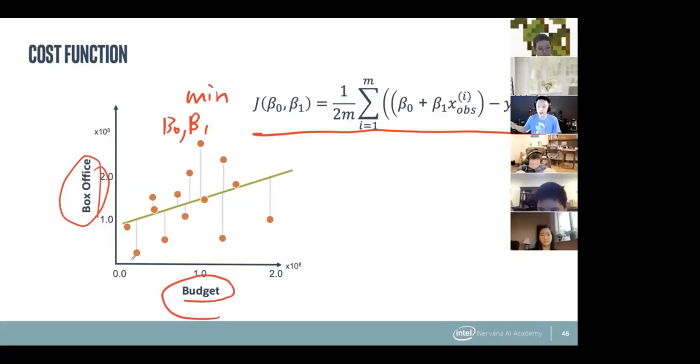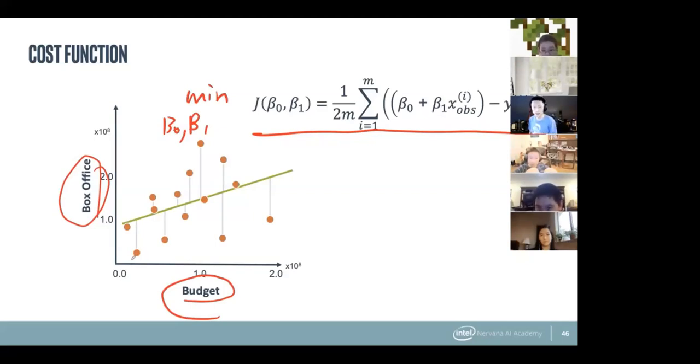Now, it can be argued that the budget is not such a great feature to be using. Does anyone else want to suggest any other features that maybe we should have incorporated here? Director and actors.